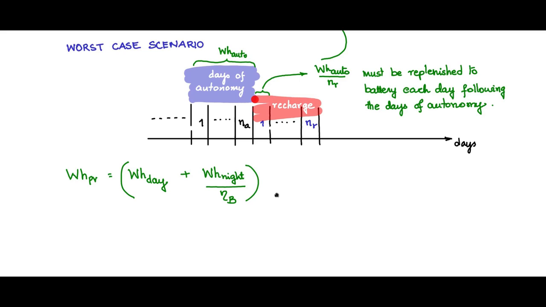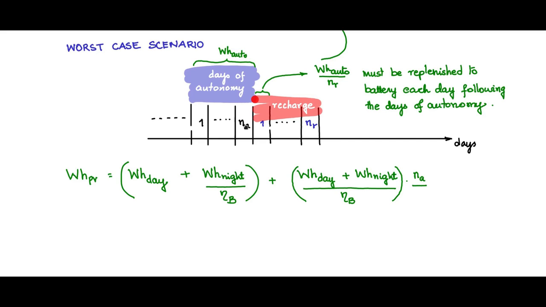Apart from this, it has to supply the energy required for the days of autonomy, which is watt-hour day plus watt-hour night. So when the sun power is not there, both these have to be stored into the battery, and therefore you have the efficiency of the battery coming into the picture, and this much amount of the power for NA number of days, so many number of days.